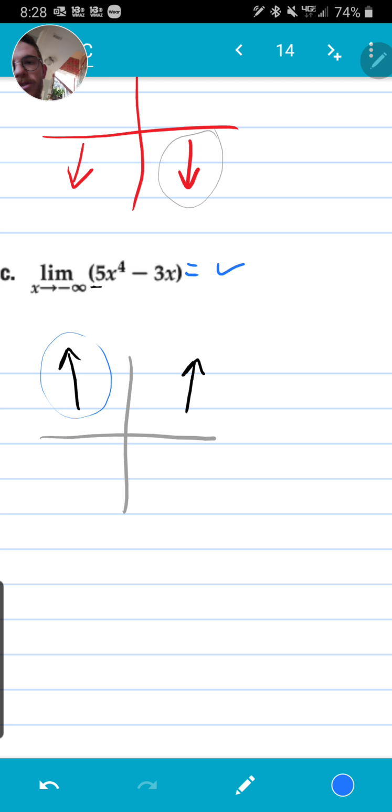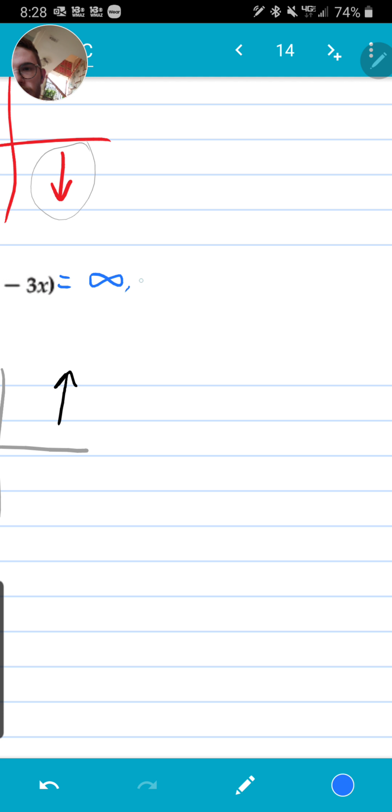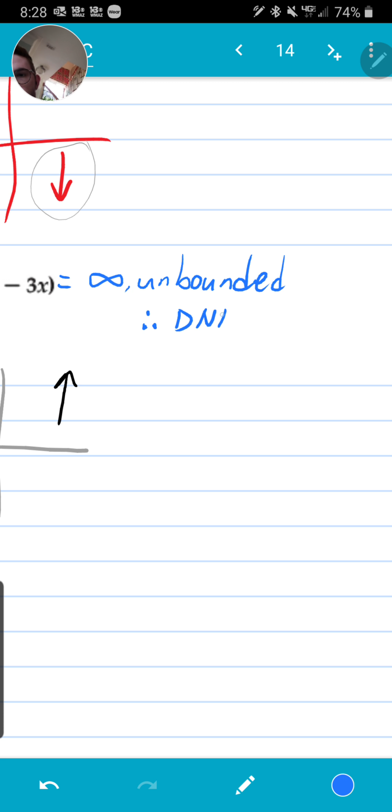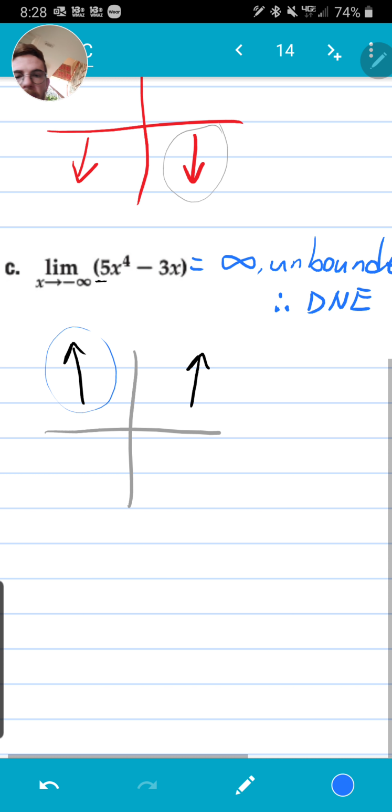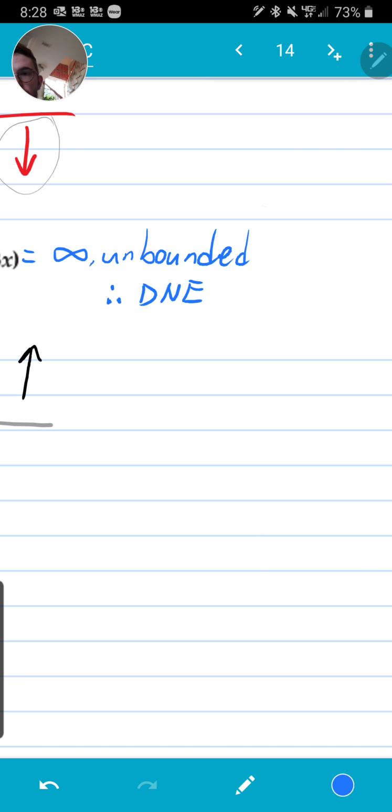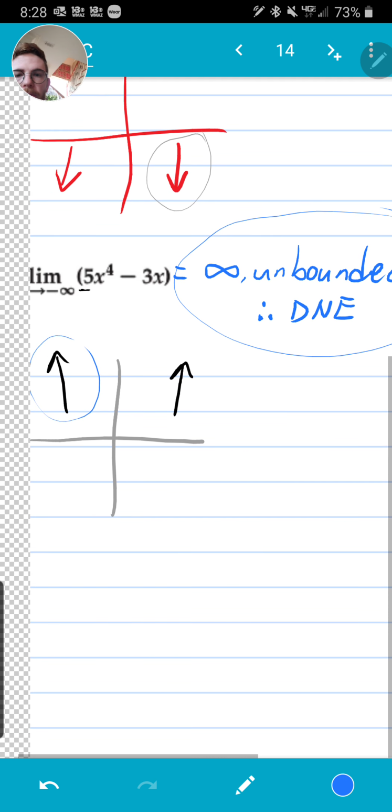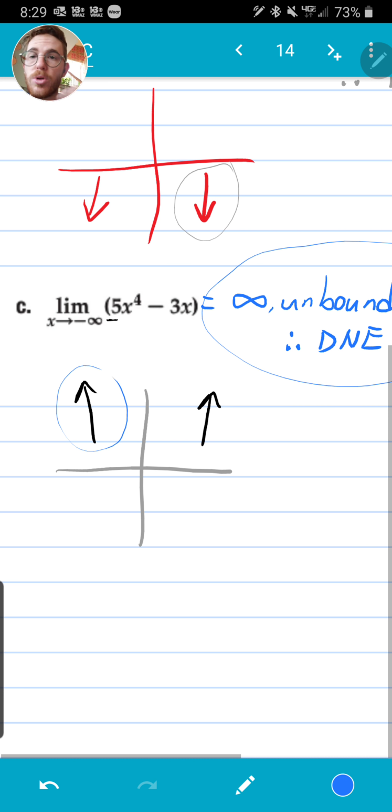So this limit is approaching a positive infinity, which is unbounded. We can never get to positive infinity. Therefore, the limit technically doesn't exist, but that whole phrase right there, that is our answer. We're approaching infinity, which is unbounded. Therefore, the limit technically doesn't exist.